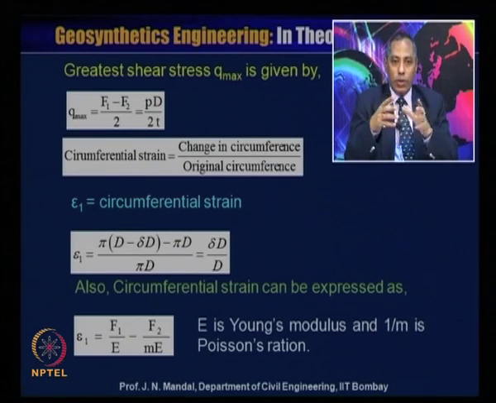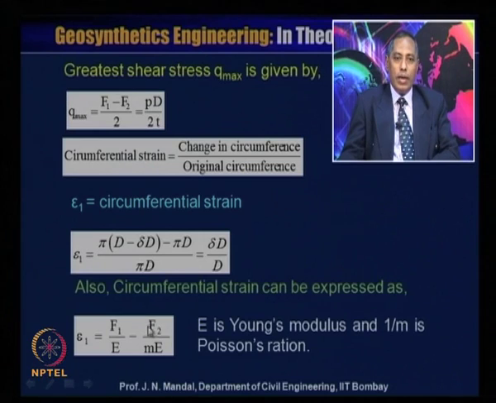Now you know what circumferential strain is, that is the ratio of change in circumference to the original circumference, where epsilon 1 is the circumferential strain. So epsilon 1 can be written as pi into D plus delta D minus pi D, that is the change in the circumference, divided by the original circumference pi D. So this will give delta D by D.